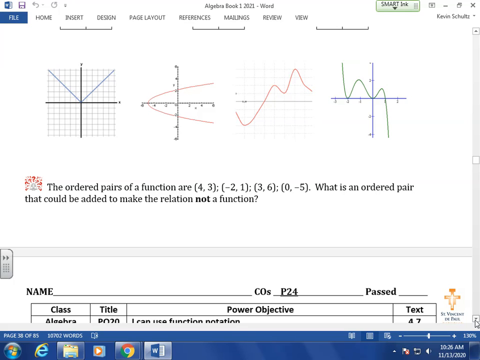Yes. Your job is to find an ordered pair that could be added to make the relation not a function. So currently it is. What ordered pair could you add that would then make the relation not a function? That question needs to be answered along with the second page of CO18. That's all the homework you have for the weekend.